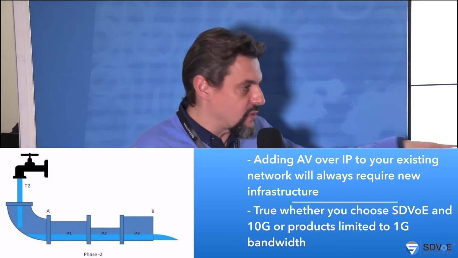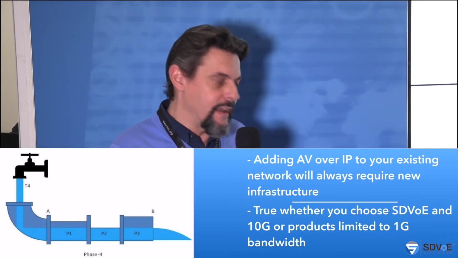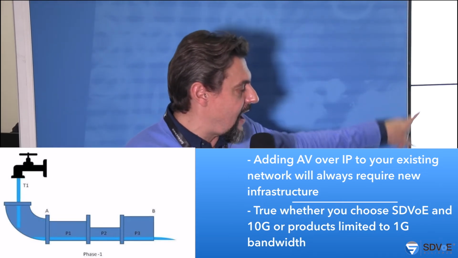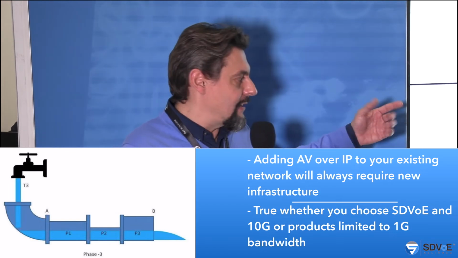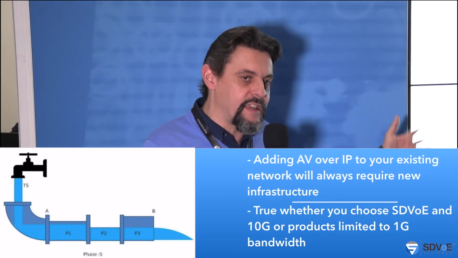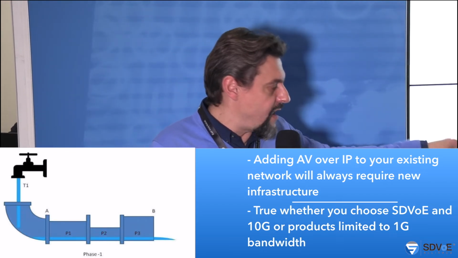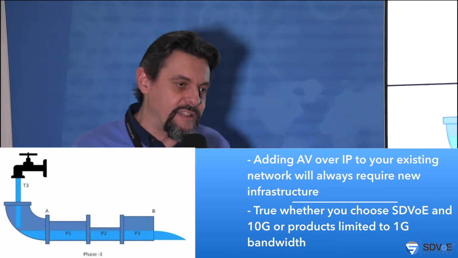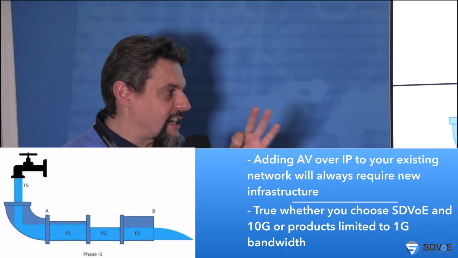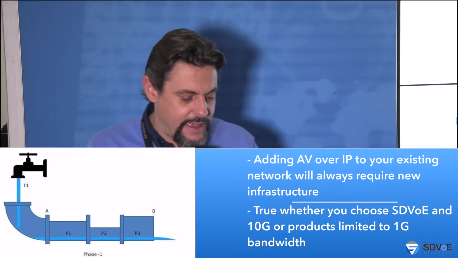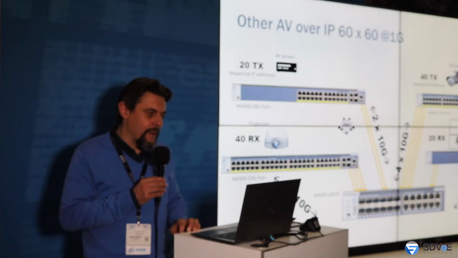Here, my small section under the house is restricting my entire delivery, okay? And even if you have some 10 gig here and there, the overall network is always limited to the smallest section in between switches. And that happens all the time.